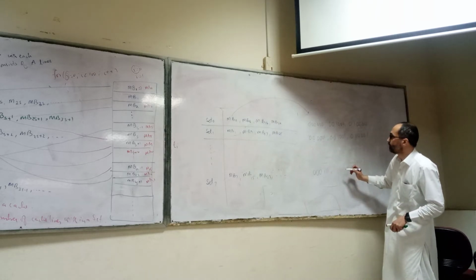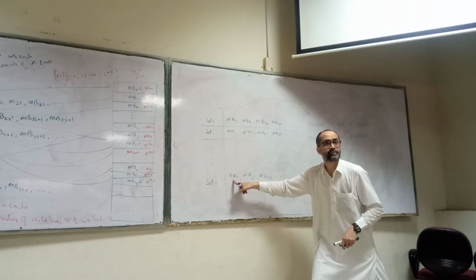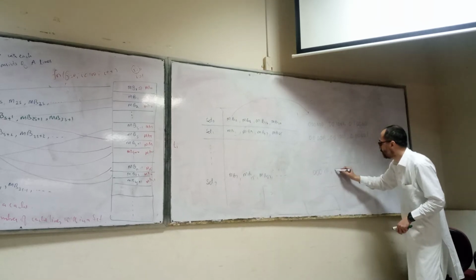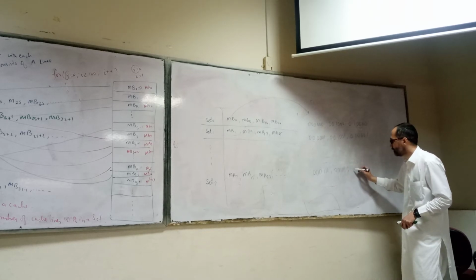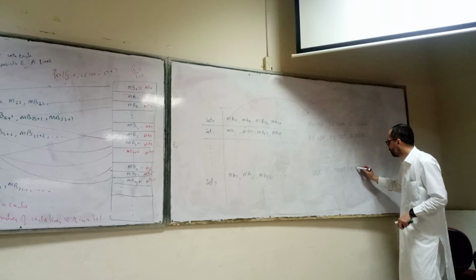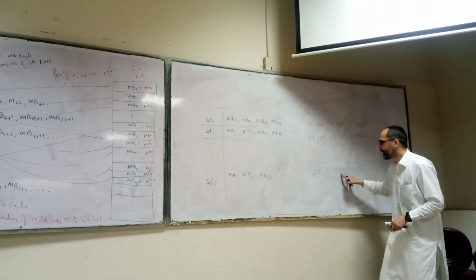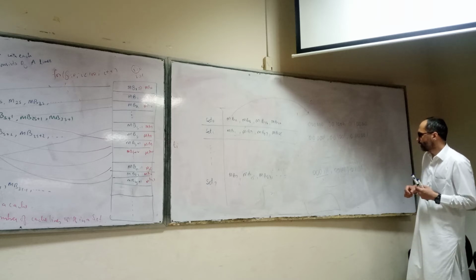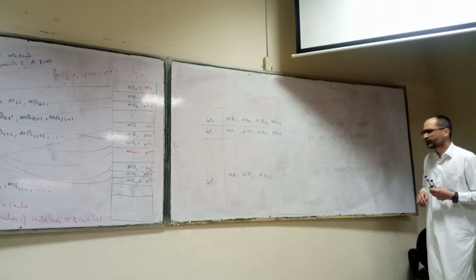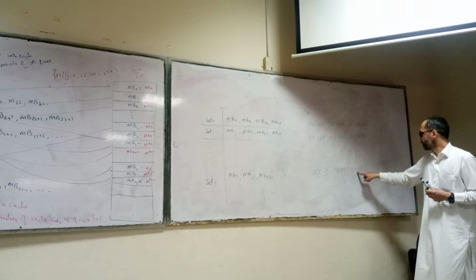Then 15 is 0, 0, 1, 1, 1, 1, and 23 is 0, 1, 0, 1, 1, 1. So this is the code for 7, 15 and 23. What is the code for 23? It is 15 plus 8.